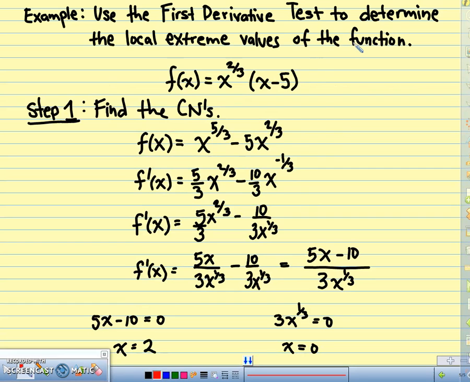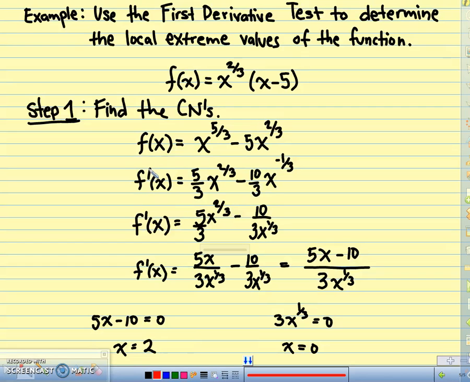So there it is. The critical numbers are x equals 2 and x equals 0. Notice that I decided to skip the product rule by distributing. Once you distribute the x to the 2/3, you have this function now, and I just took the derivative of that. Notice that this is not f prime of x.